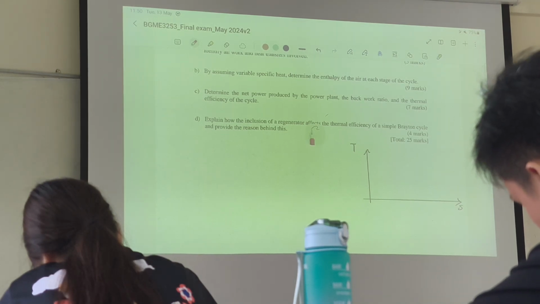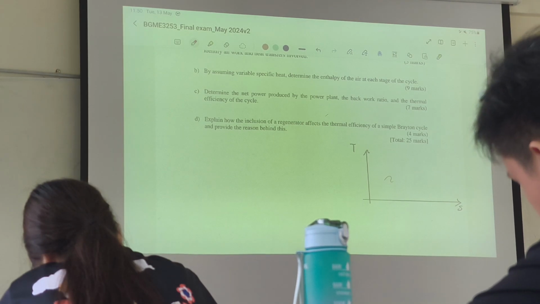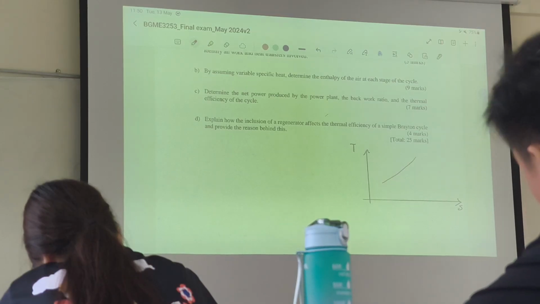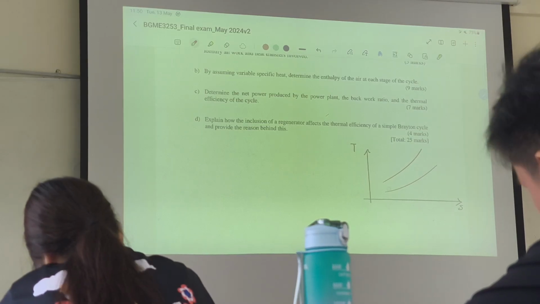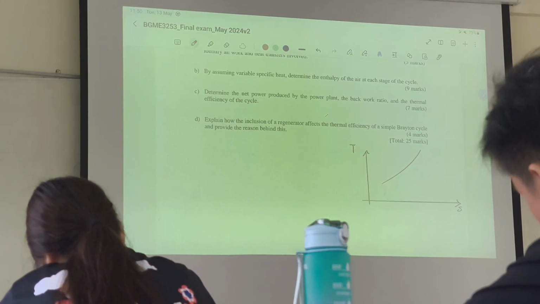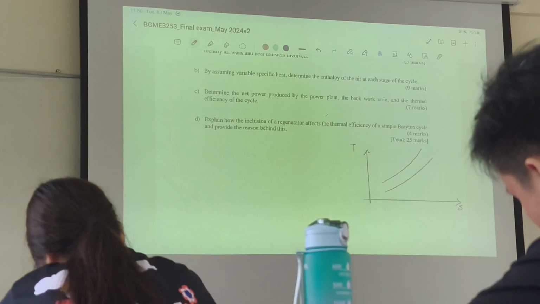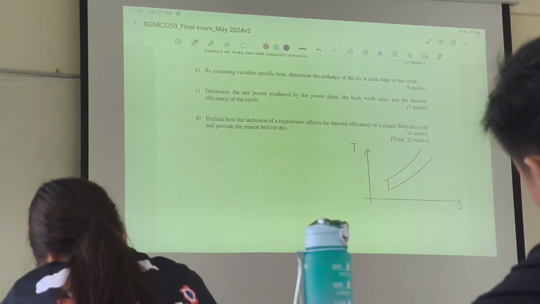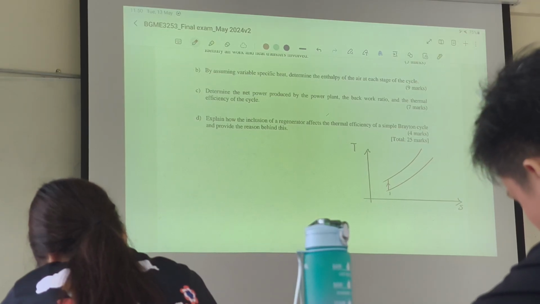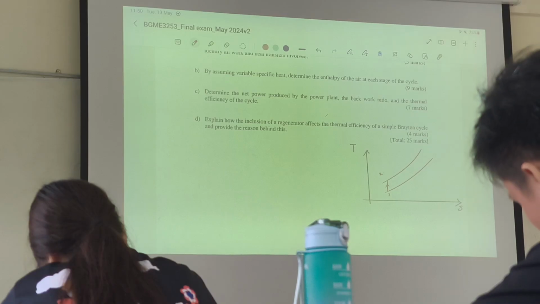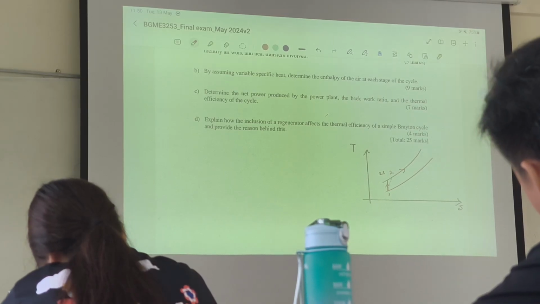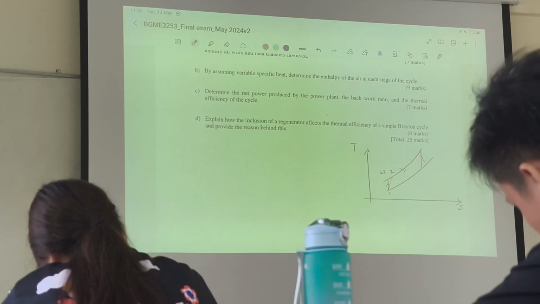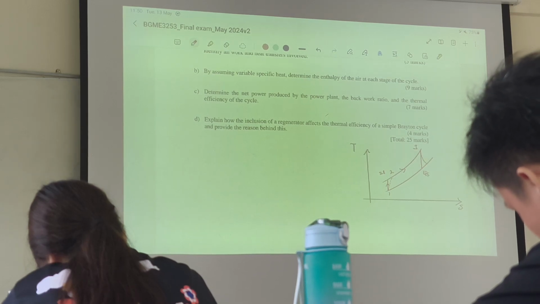Since this is just a simple Brayton cycle with regenerator, we can just go through the two of these first. So 1, 2, then 2, 3, 4S, and 4.